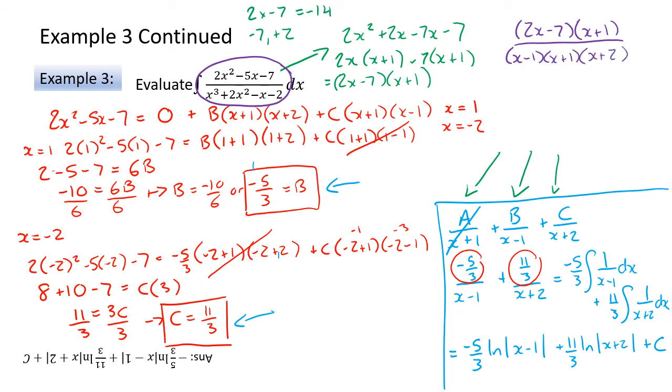You can see with an x plus 1 in both the numerator and the denominator, they would have canceled out. So you could have written this as 2x minus 7 divided by x minus 1 times x plus 2. It's a step that you don't typically have to do. It's not mandatory in order to solve the equation. But just know that you can get a value of 0, and that's likely going to be the case outside of an algebra error.